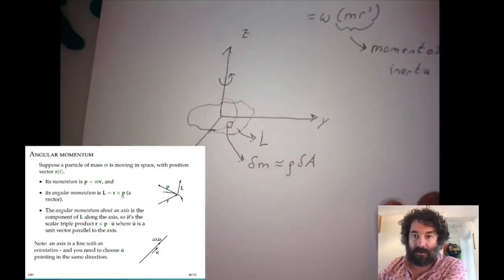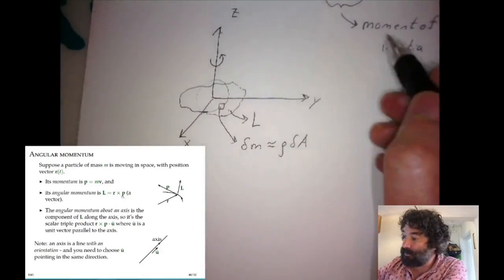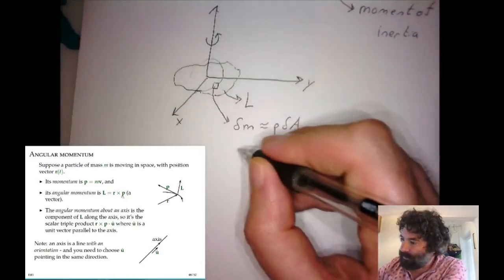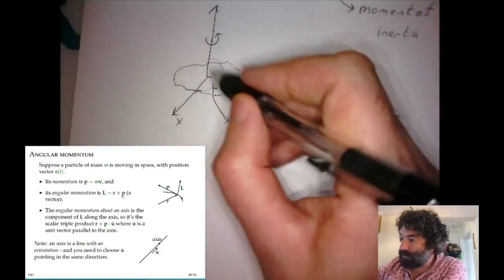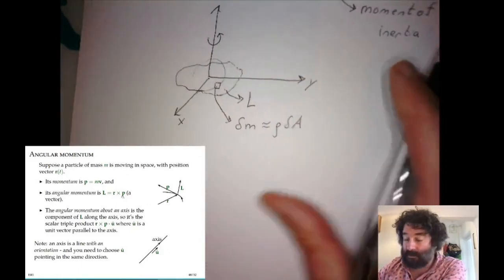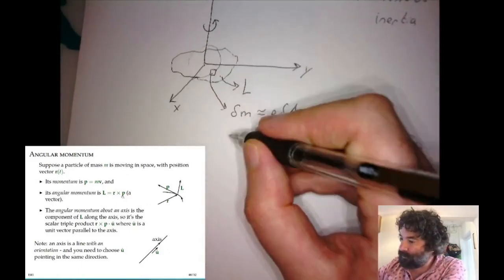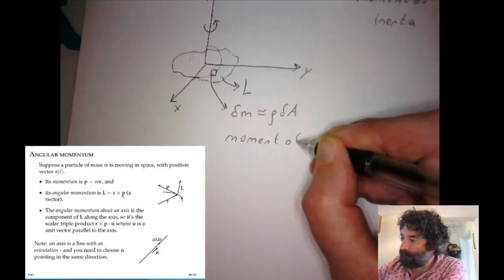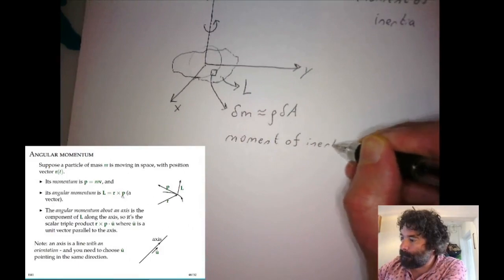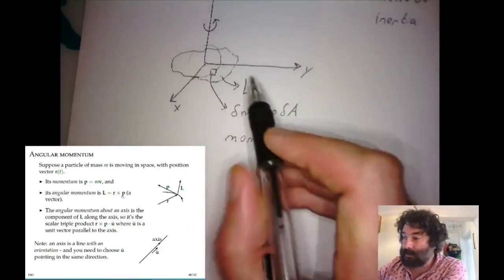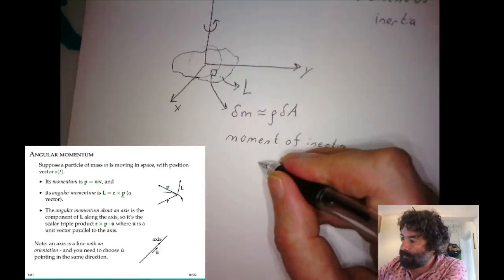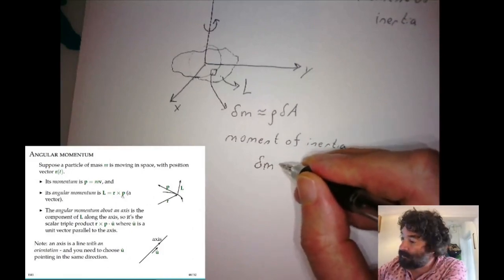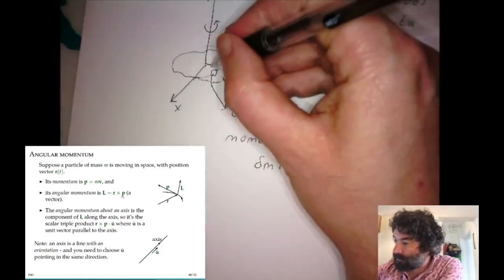So the moment of inertia from that small bit would be delta m times the distance to the origin. So the moment of inertia of this small section is the mass of that section times r squared, its distance to the origin.